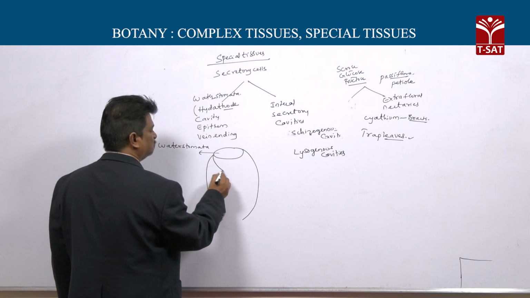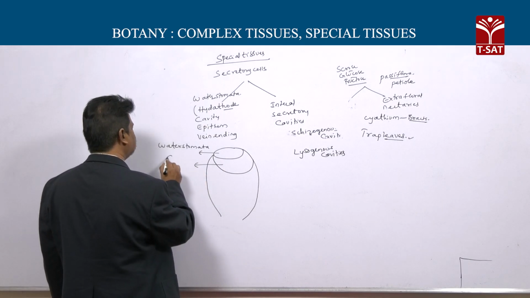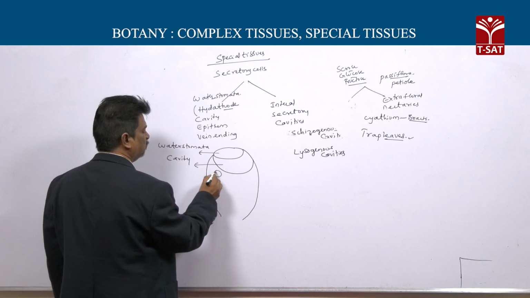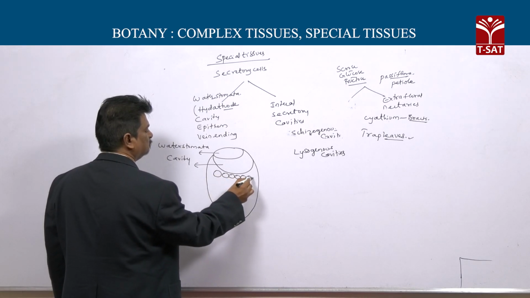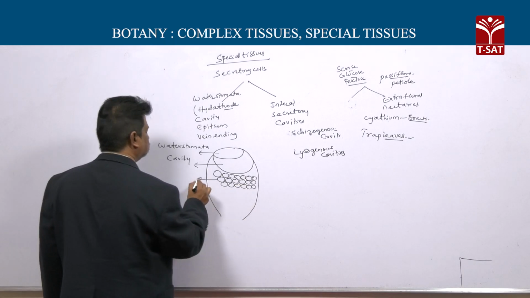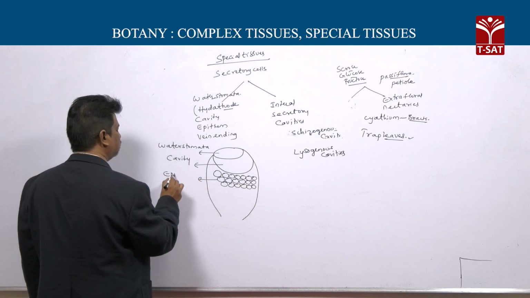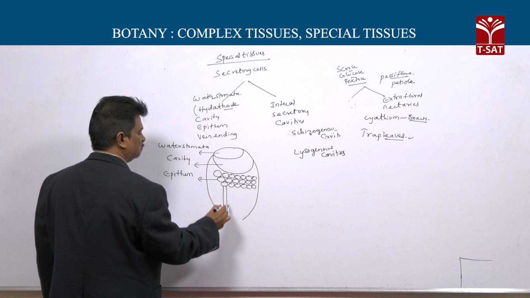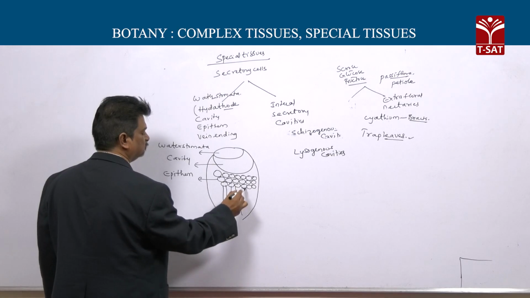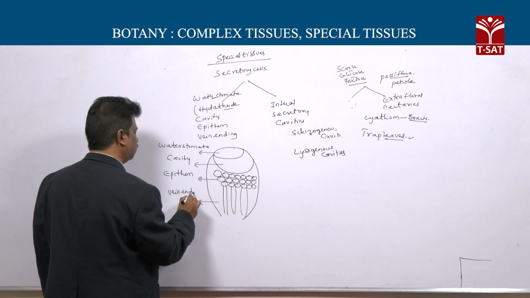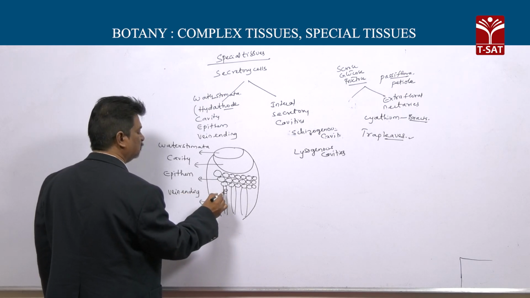Below the water stomata, there is cavity. Below the cavity, there is colorless parenchyma. This colorless parenchyma is called epithem. Below the epithem, there is vein ending.